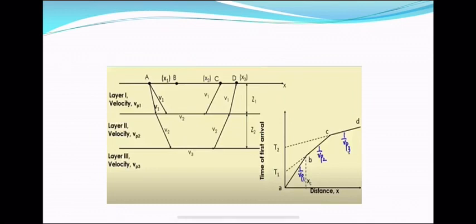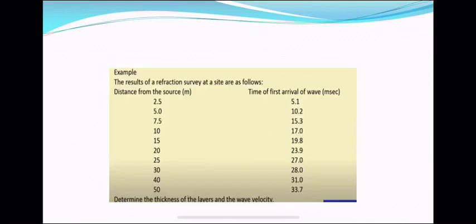Now, let me solve one particular problem where we have done a refraction survey at a site, using 10 geophones. The result of the refraction survey at a site is shown below, and the distances of the geophones from the source are 2.5, 5, 7.5, 10, 15, 20, 25, 30, 40, and 50.